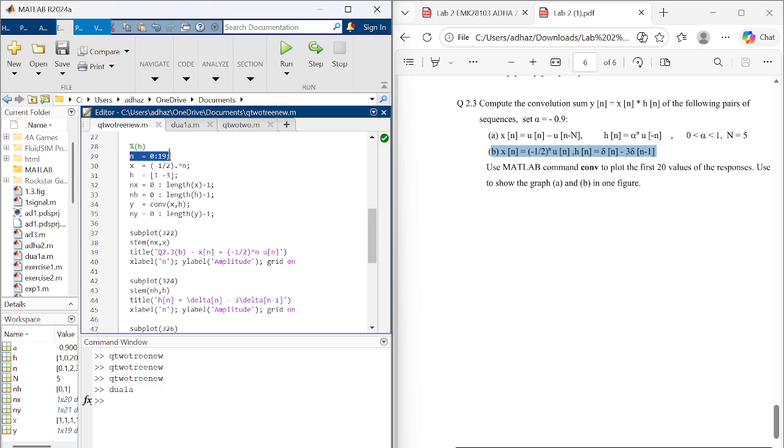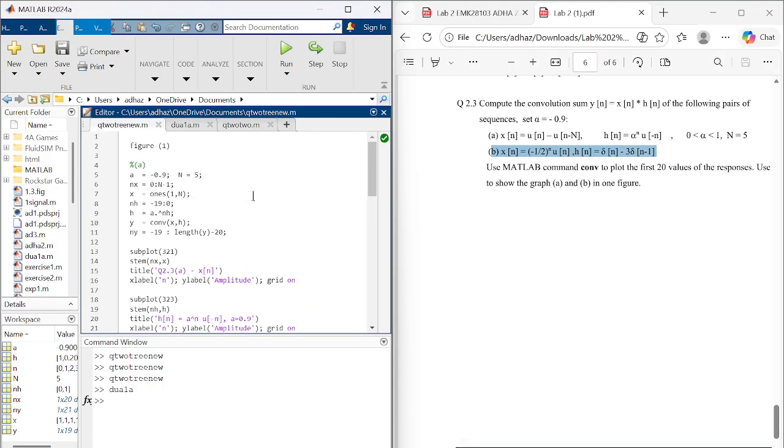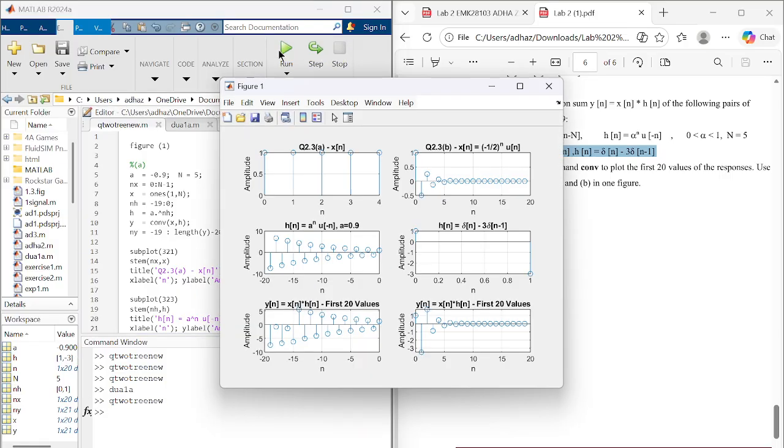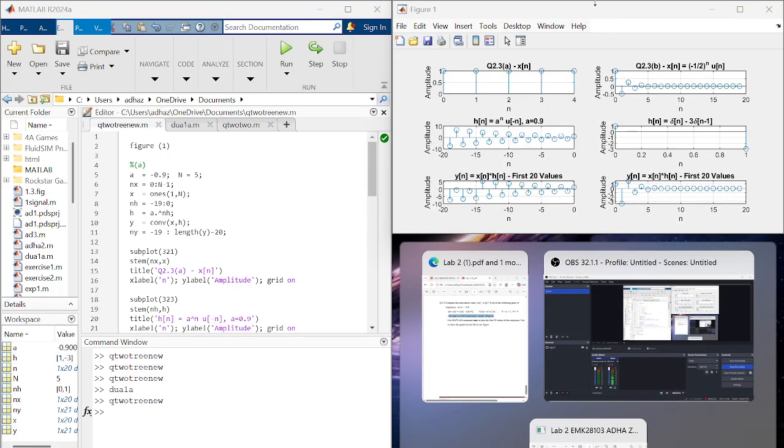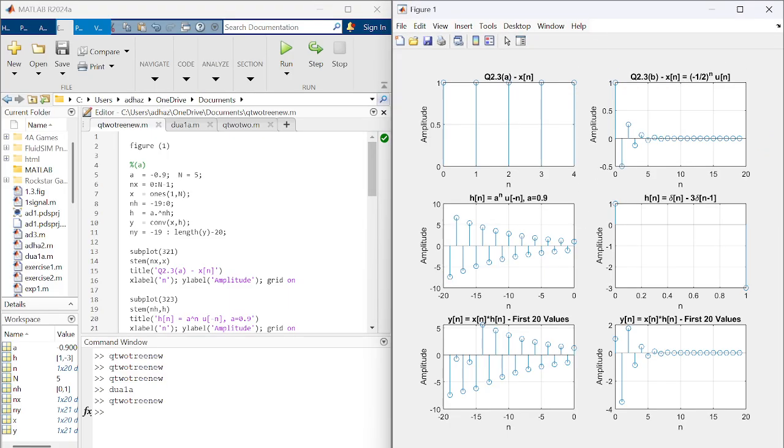Let's start our MATLAB. This is our subplot, or our graph. As you can see, we use subplot for each plot to let us see the input, our impulse response, and our final output in one window.